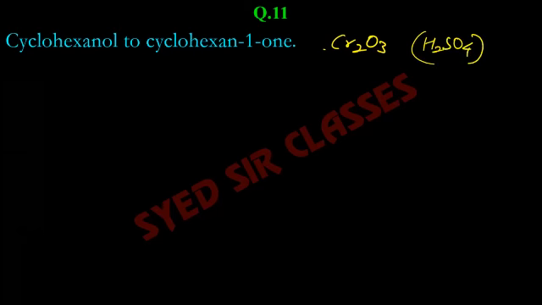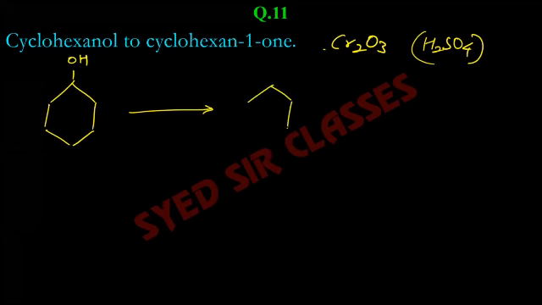So how will you write it? You will say it is cyclohexanol. You convert it to cyclohexan-1-one, which is simply from alcohol to ketone, for which this is oxidation. You use CrO3 in presence of H2SO4.